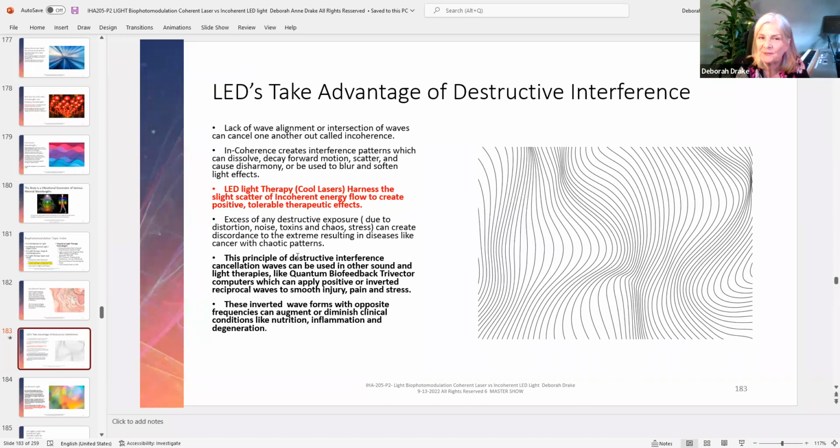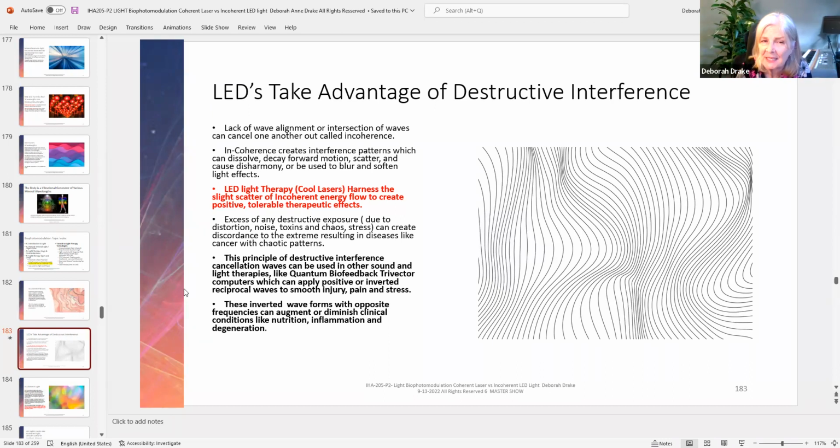So through this principle of destructive interference, cancellation waves, if you will, we can use light therapy to cancel out other disruptive chaotic noises in the body, and we can piggyback positive quantum biofeedback computers that apply positive waves into the body to build things up, or incoherent waves to scatter things out and dilute them.